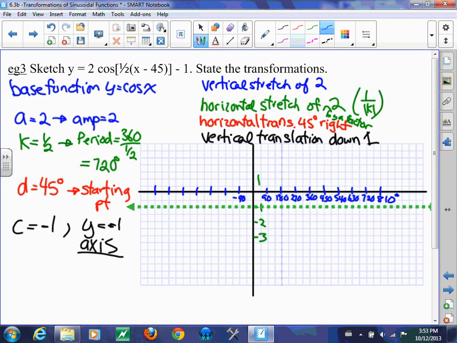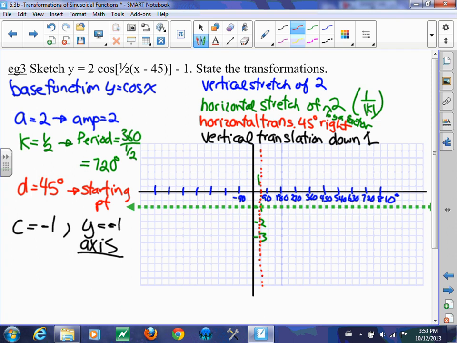All right. So just remember, guys, that our base is cosine, so we should be at our maximum at zero. But we're starting at 45 degrees, okay? So when I start at 45 degrees, ladies and gentlemen, I'm going to draw my box in here at 45 degrees, okay? And I'm going to be starting at my maximum, and my maximum is going to be at 1 because my amplitude is 2 and my axis is at -1.